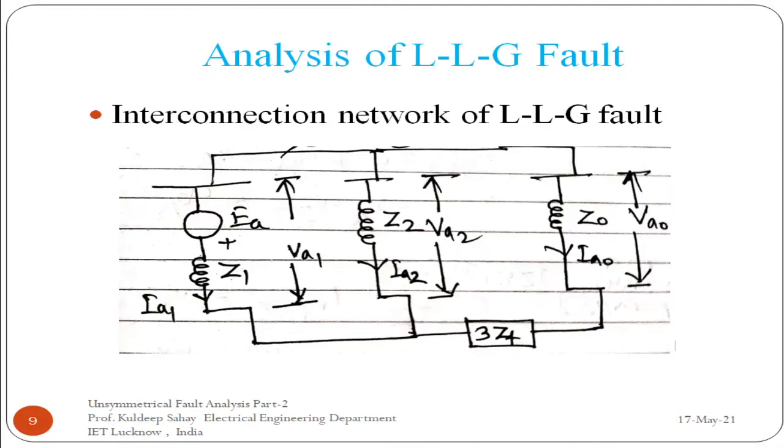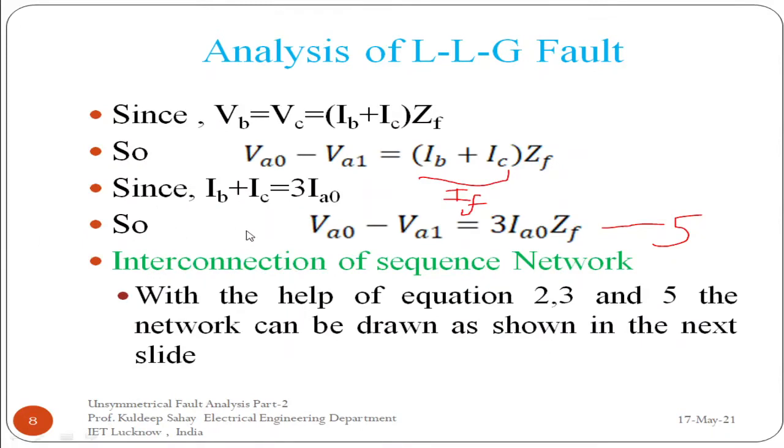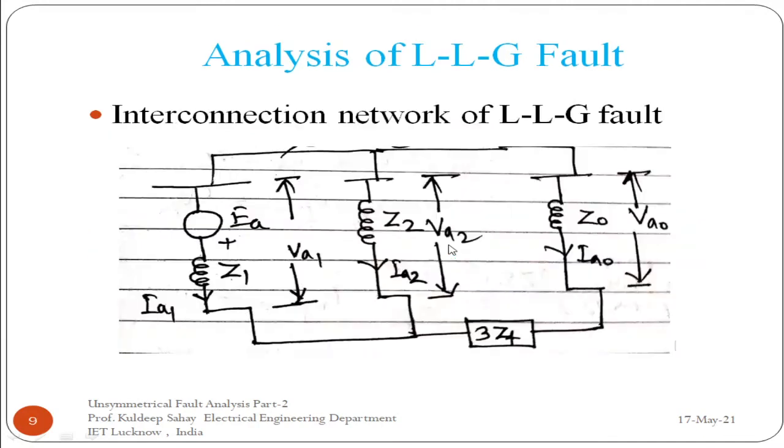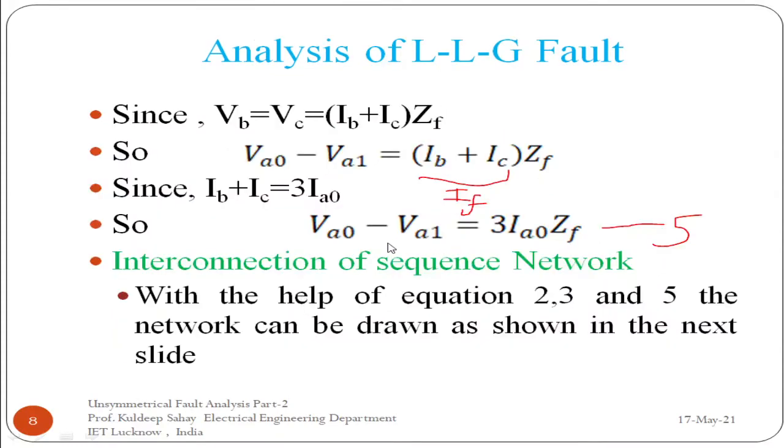While for the zero sequence voltage, you have seen that VA0 will be equal to VA1 plus 3IA0 into ZF, or VA0 will be equal to VA2 plus 3IA0 ZF. So here VA0 will be equal to 3ZF into IA0 plus VA2 or VA1.